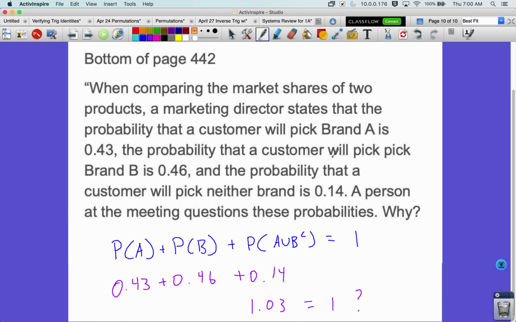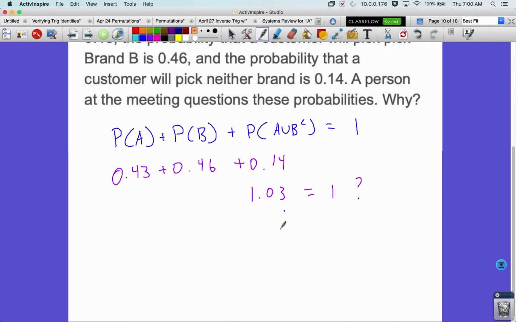Well, not necessarily. So we're in a situation where these three probabilities add up to a 103% chance, but that could mean that there's a 3% overlap here. Could mean 3% will pick both.